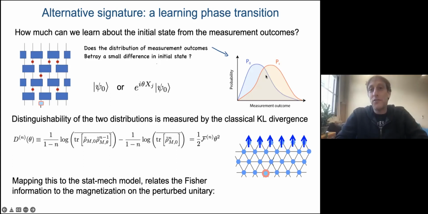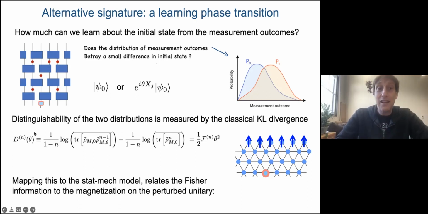And now I do the same experiment. I run it many, many times, but with that new initial state. And the question is whether, if I look at my distribution today, I'll be able to distinguish it from the one I had yesterday and gain information about this change in initial state.